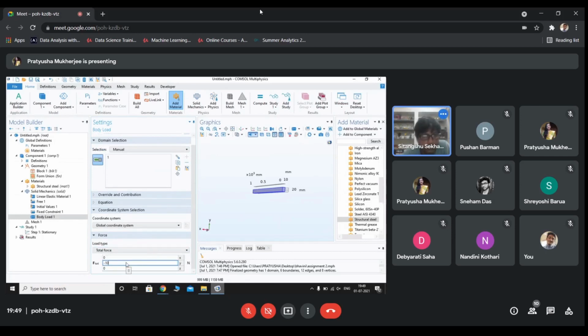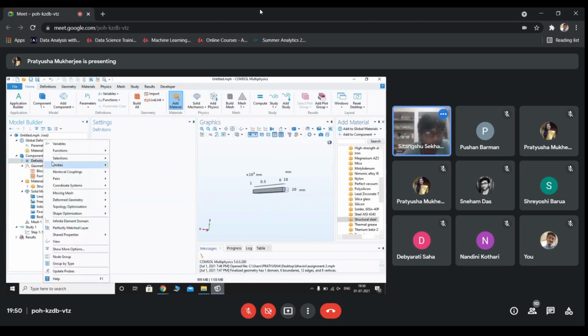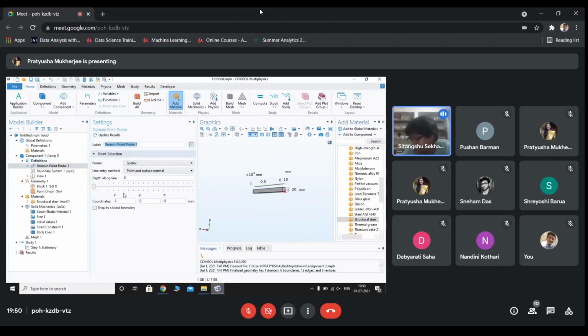Now you select a probe, a domain point probe, and you select the middle of the top surface, the xz plane, the top side.